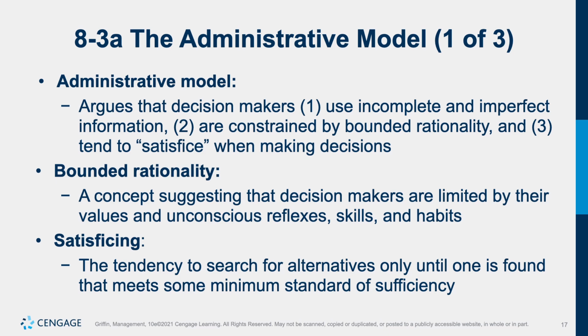An example would be if the School of Business is trying to fill a vacancy for a faculty member, and there are basic requirements for filling that position. If the search committee hires the first candidate that meets those requirements, that would be satisficing.